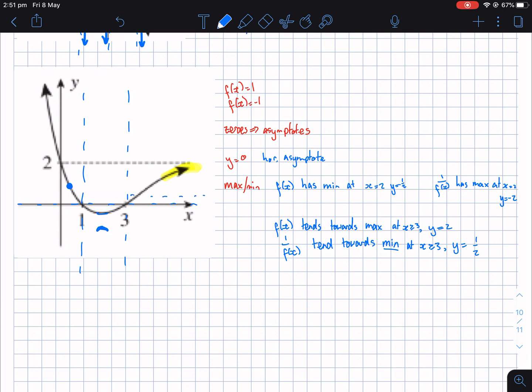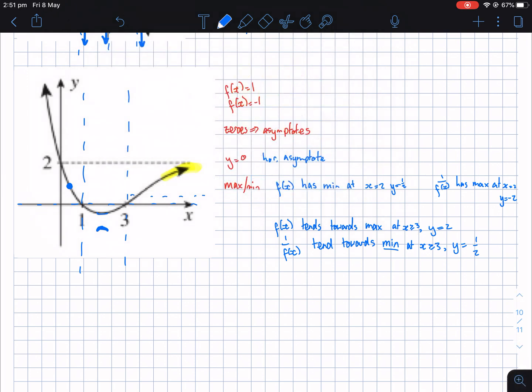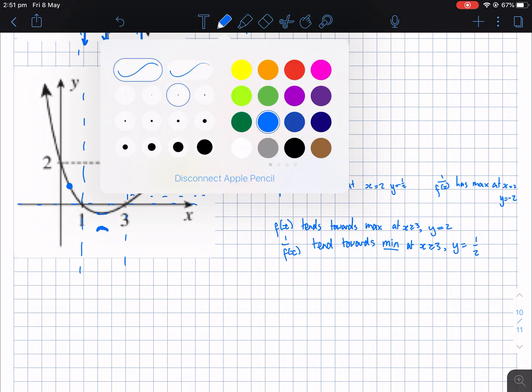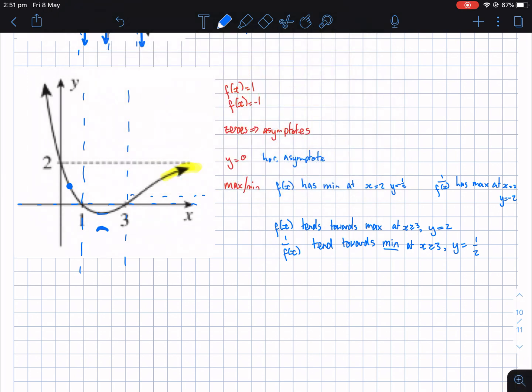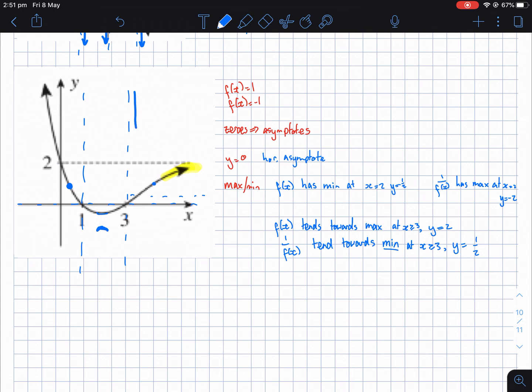So I think, and that makes sense because our other f of x equals 1 came across here. So this one's going to kind of go around, instead of going all the way down to 0, it's going to go along to a half.